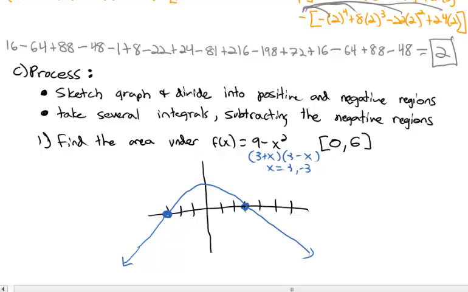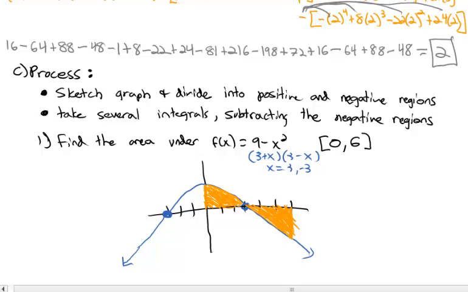And we want the area from 0 to 6. So here's 0, here's 6. We want the area enclosed by the x-axis. So this area to the right and this area to the left.